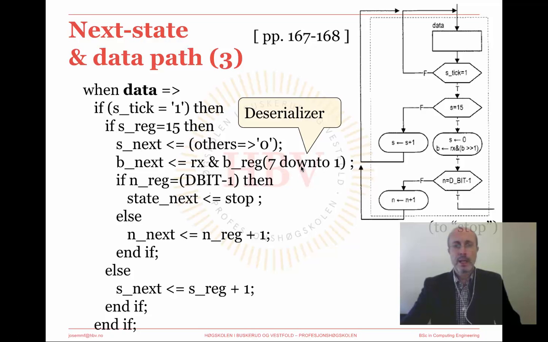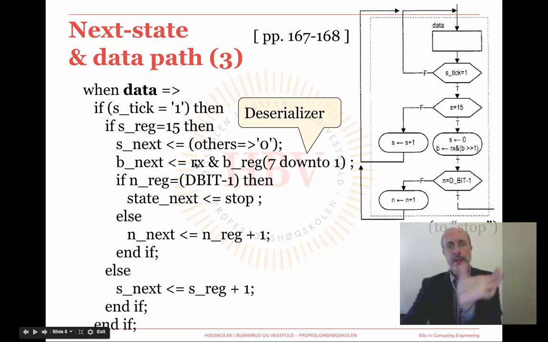Notice that the deserialize operation is carried out by concatenating the logic value that is present at the received data line and the 7 leftmost bits of the current content of this register.